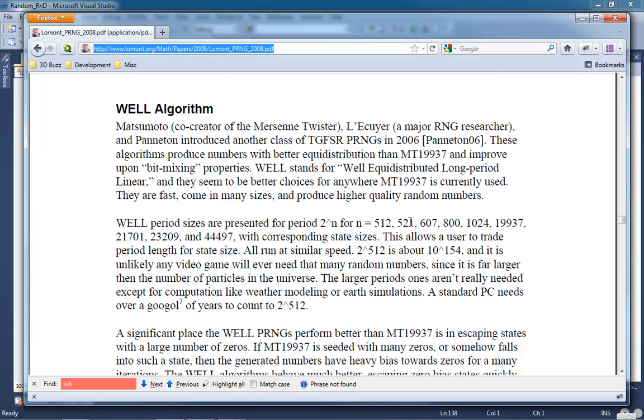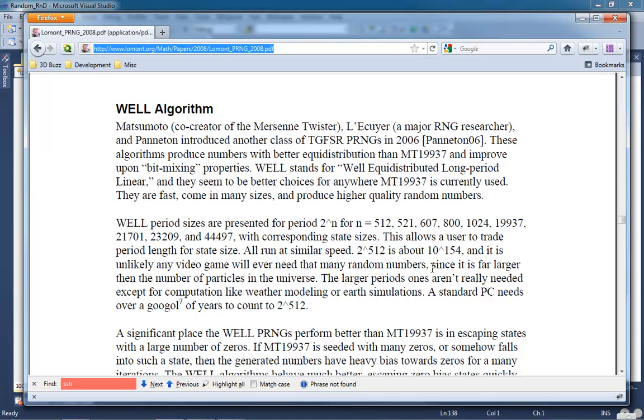You've got the 512, 521, all the way up to this 44,497. Just the 512 version has a period of 10 to the 154 power. Basically more than any video game could possibly need as far as numbers in a sequence before it repeats.